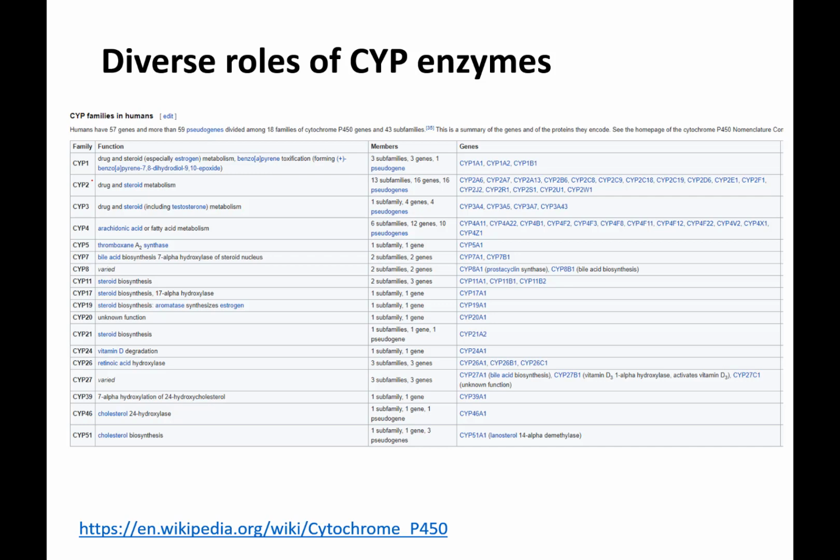So you can see CYP2, drug and steroid metabolism. CYP4, some fatty acid metabolism. But then CYP7, you have bile acid biosynthesis. And here's some steroid biosynthesis. So they have different functions in the cell.